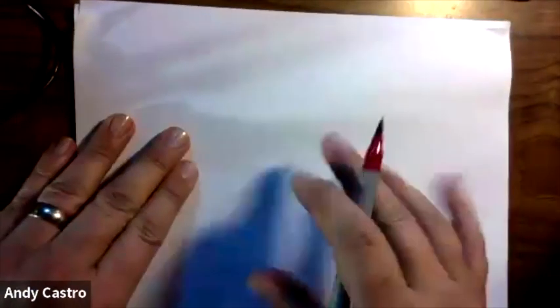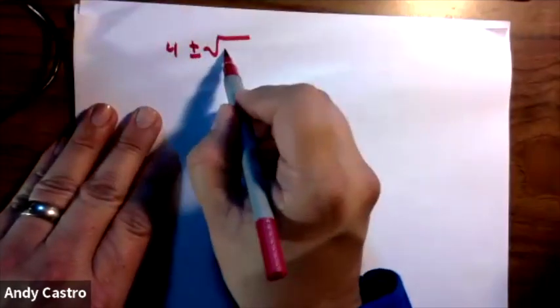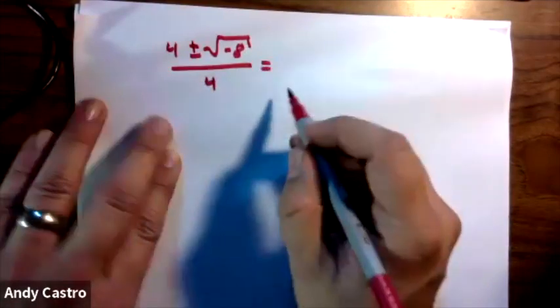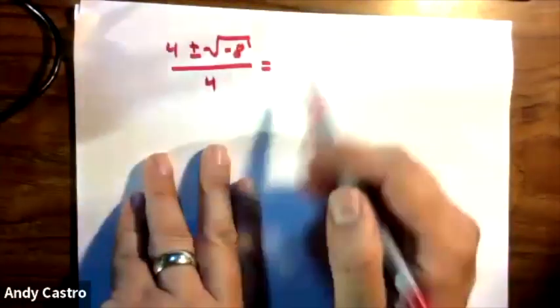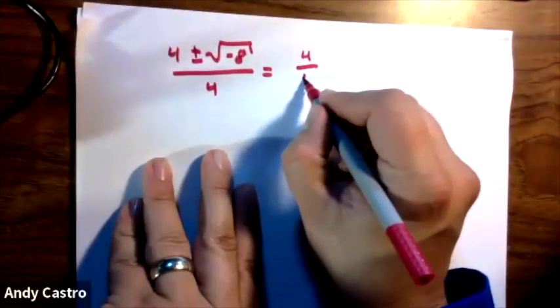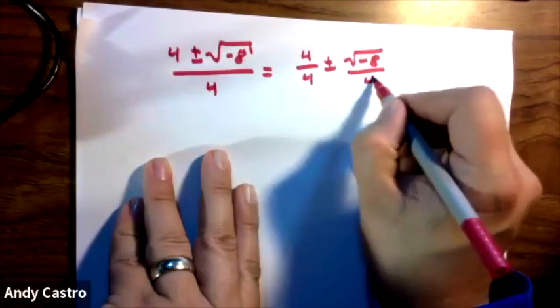Okay. So let me rewrite that portion here. So remember, we had 4 plus or minus the square root of -8 over 4. And what I'm doing is I'm splitting this 4 over the two terms, or under the two terms, I should say. So 4 over 4 plus or minus the square root of -8 over 4.